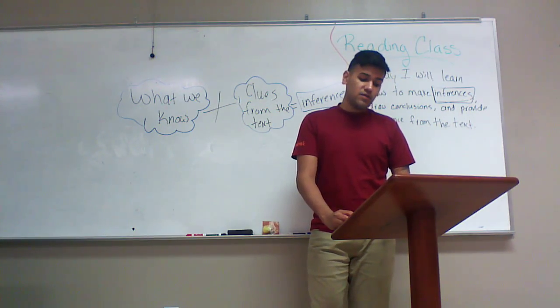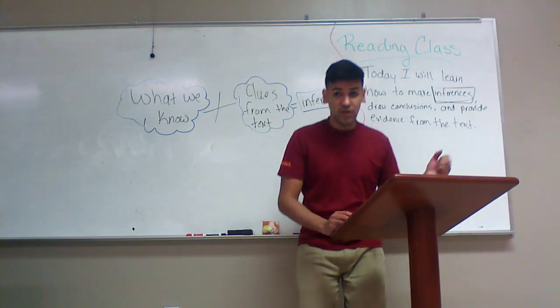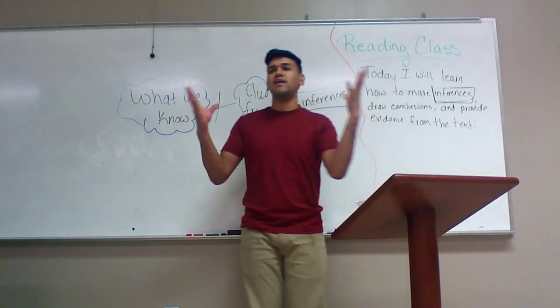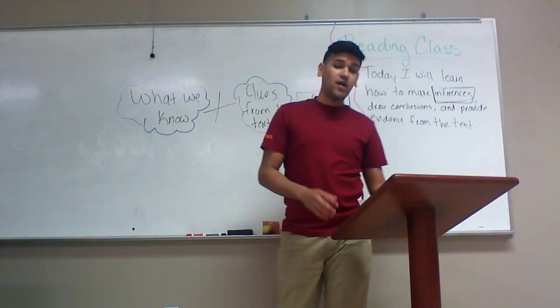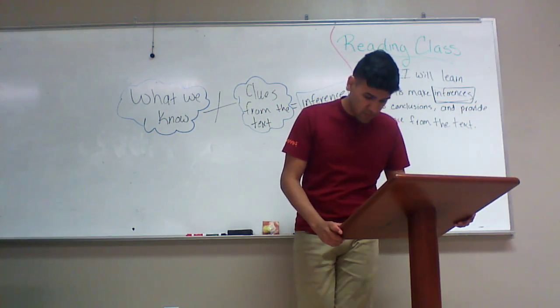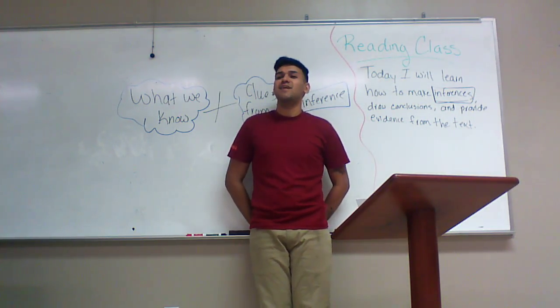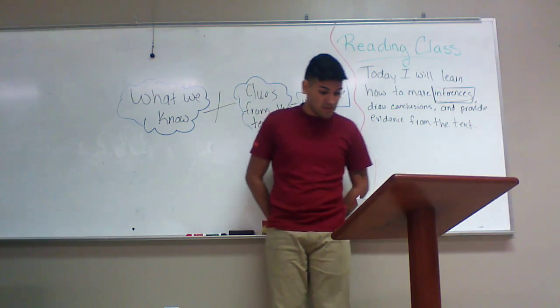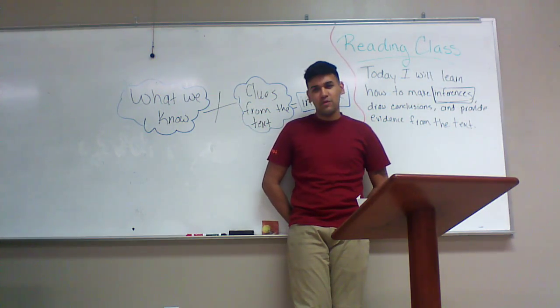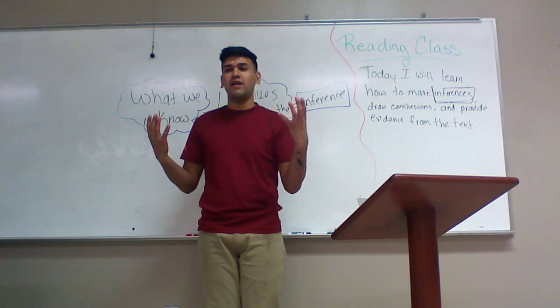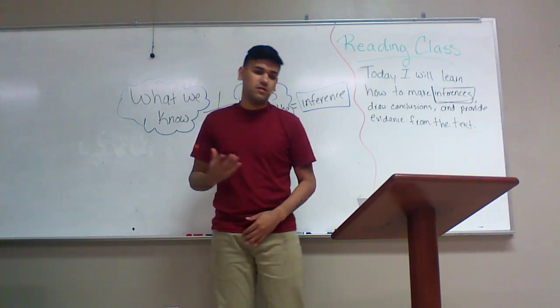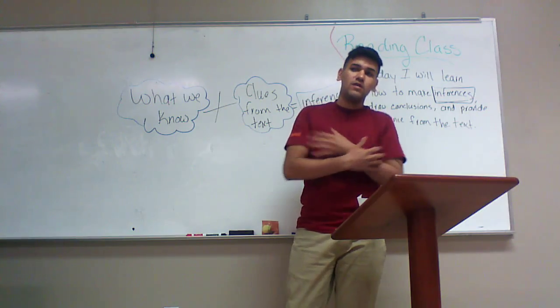She fell to her knees and sank into a dark hole of despair and disbelief. Now, did Esperanza really sink into a hole? Probably not, right? It's telling that she sank into a hole of disbelief. It's like a feeling, an emotion, a hole of emotions.